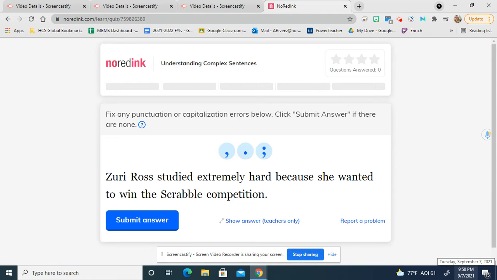And I've told you guys this all along. Every time you see a SWABI in the middle of a sentence, you do not need a comma before it. I am not going to say that just because you see a SWABI in the middle of a sentence doesn't mean that that sentence doesn't have a comma somewhere in it. And I'll show you what I mean by that when we get to our next big section in No Red Ink.